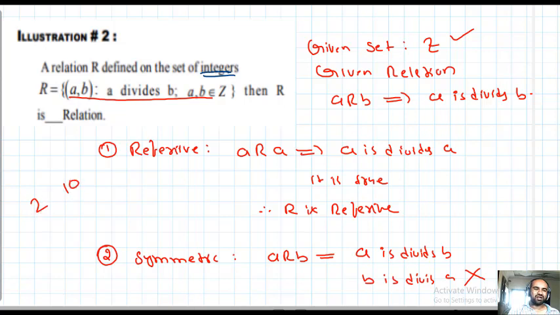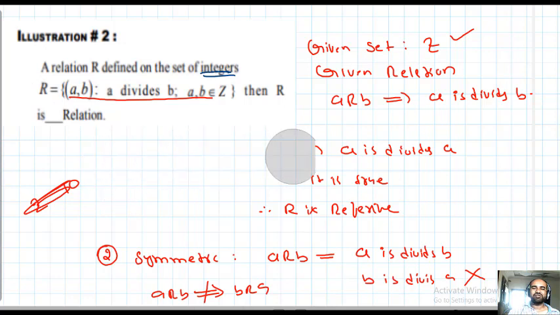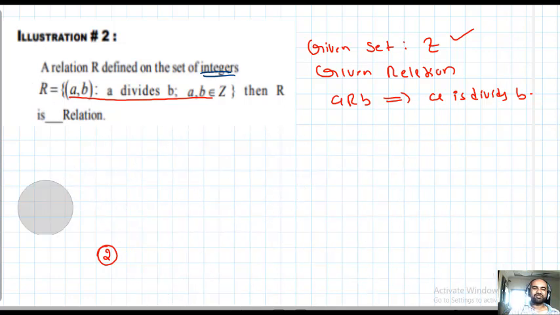That means a related to b does not give b related to a, so the given relation is not symmetric. So it is reflexive but not symmetric. Reflexive is satisfied, symmetry is not satisfied.